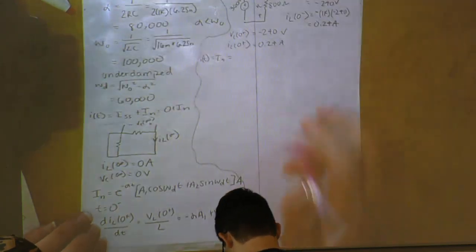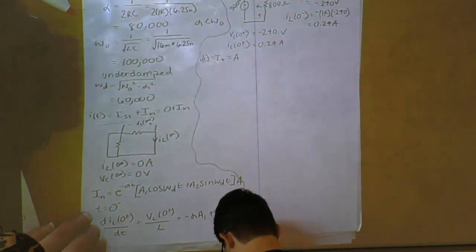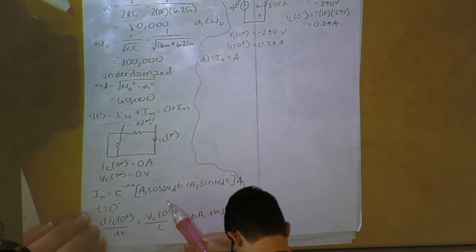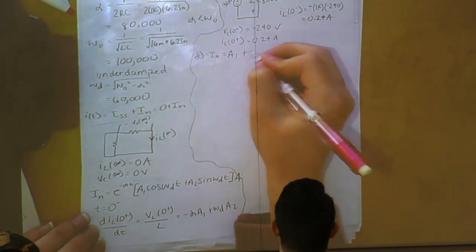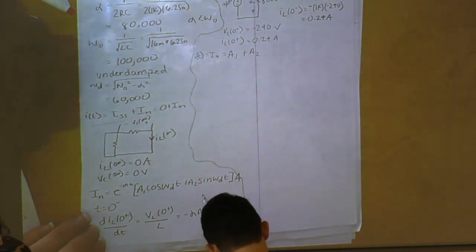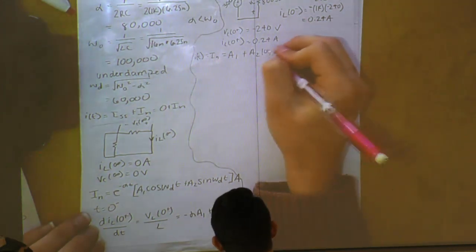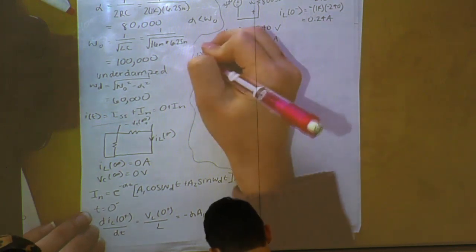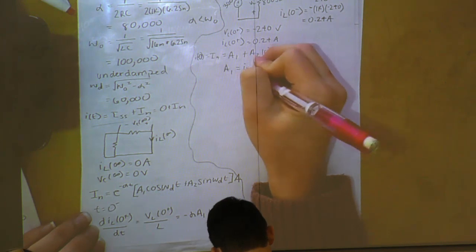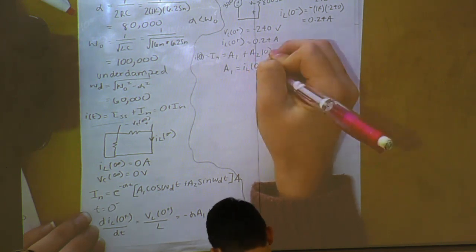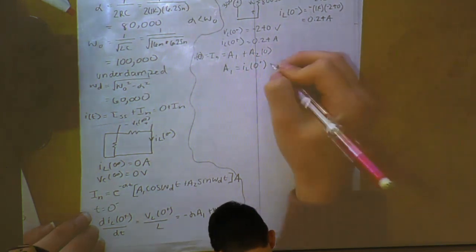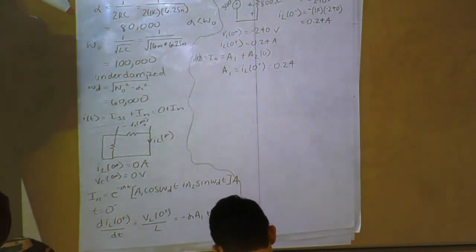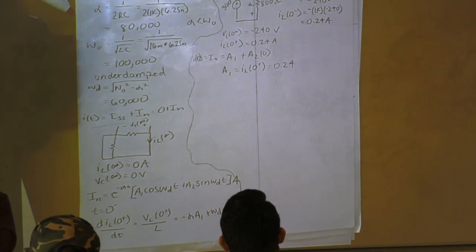So we have A1 times cosine of 0, which just turns to 1, and then plus A2 times sine of 0, which is just 0. So our A1 just equals IL of 0 plus. Is everyone okay with that?